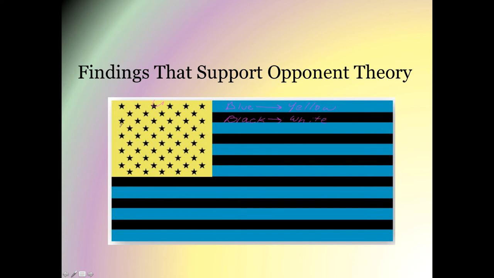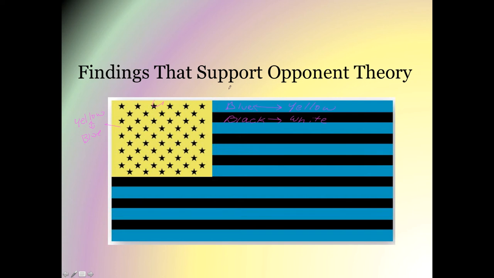And if they stare at yellow, the after image would be blue. Right? So stare at blue, you get yellow. Stare at yellow, you get blue. So it's a two-way street here.